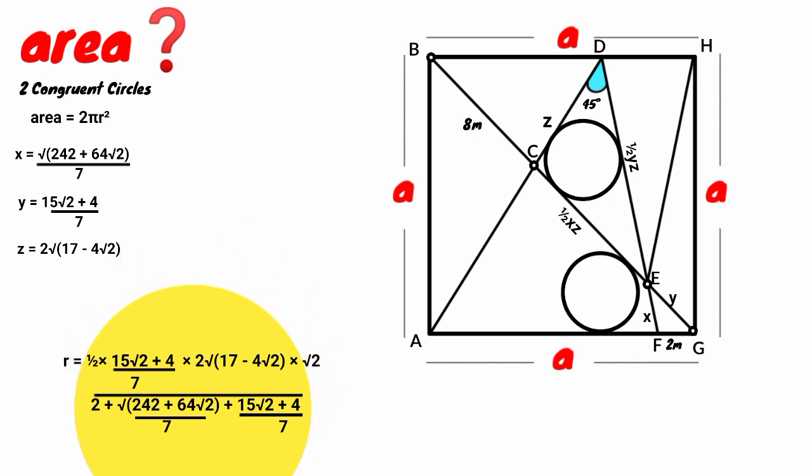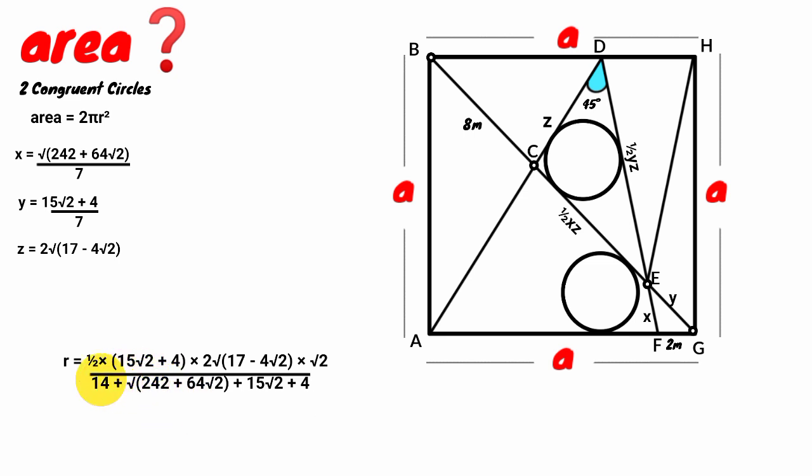These can be simplified into a single fraction. So it is 14 plus square root of 242 plus 64 root 2 plus 15 root 2 plus 4 all over 7. This 7 eliminates this 7.